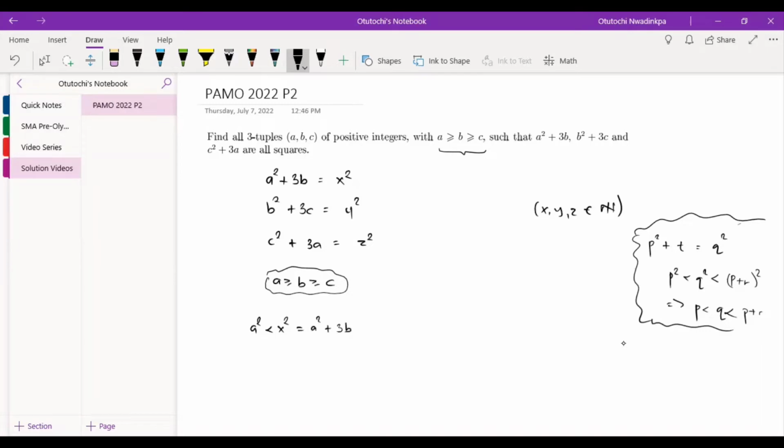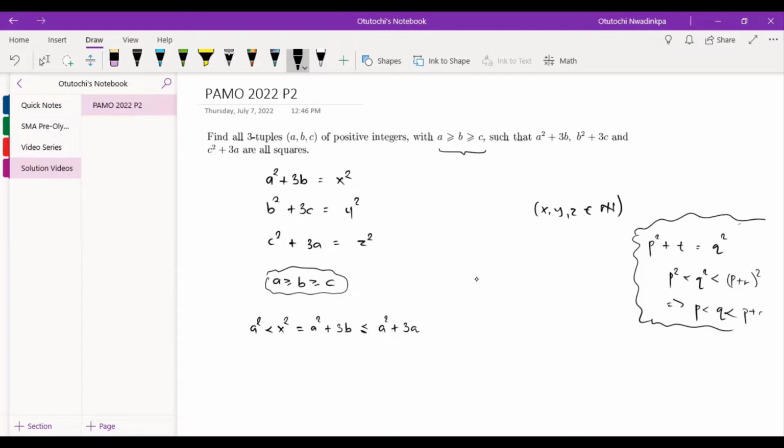Now this is where this inequality comes in. A greater than or equal to B, or B less than or equal to A, implies that 3B is going to be less than or equal to 3A. So this is going to in turn imply that A squared plus 3B is less than or equal to A squared plus 3A.